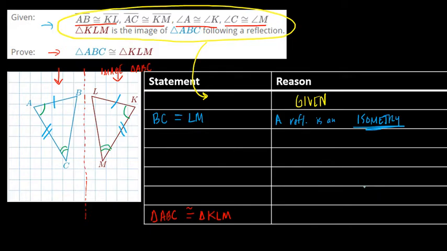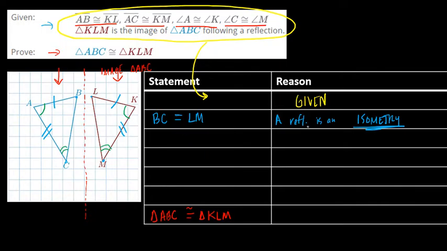A reflection is an isometry, and what that means is isometries preserve distance. So any distance relationship between 2 points in triangle ABC has been preserved in its image, the triangle KLM. So if this point B and this point C had a certain distance between them in the pre-image, then their new corresponding points L and M have preserved that distance because, again, a reflection is an isometry.